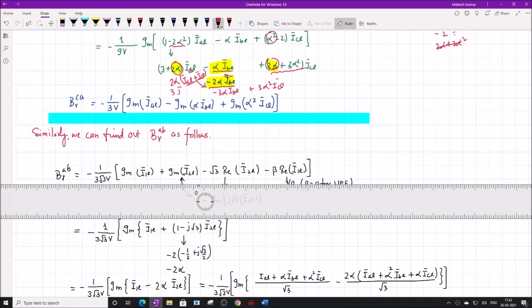into IAL. 3 is common, so 3 will go with this 3 here, so this becomes minus 1 by 3b, and imaginary of I1L minus imaginary of alpha IBL, this part, and plus imaginary of alpha square ICL. This is the value of B gamma CA.